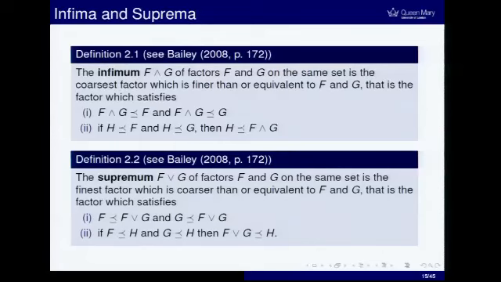And we have also what is called the supremum, and that is the finest factor that is coarser than the two. For me, it looks most similar to the supremum and the infimum of a sequence of numbers. So this is the largest lower bound in a sense, and this is the least upper bound.